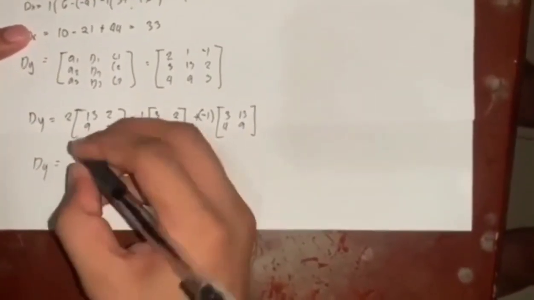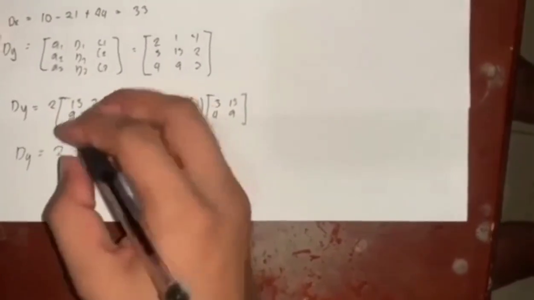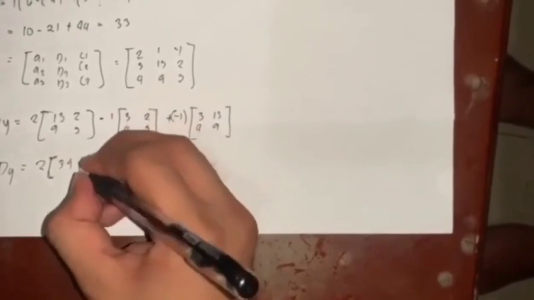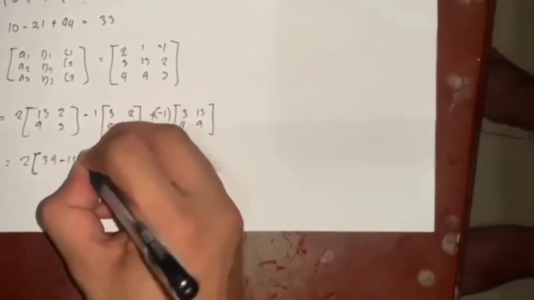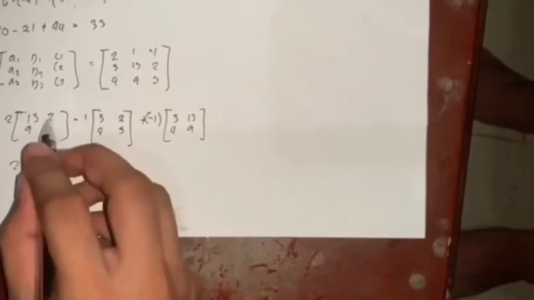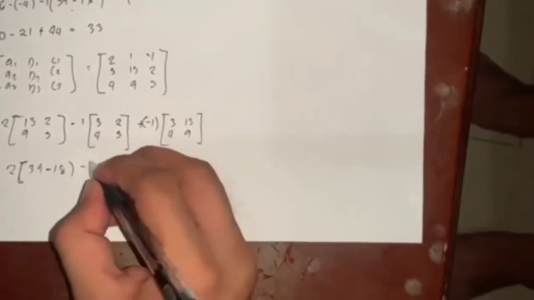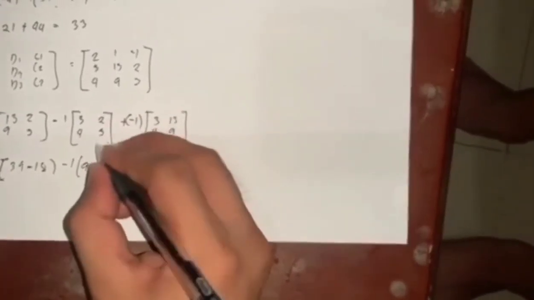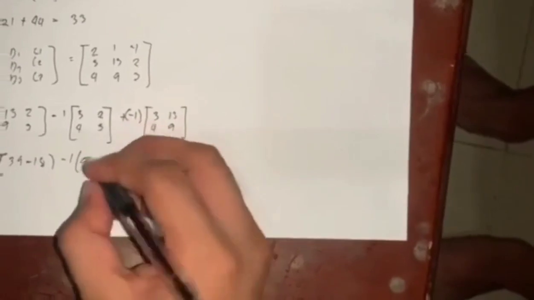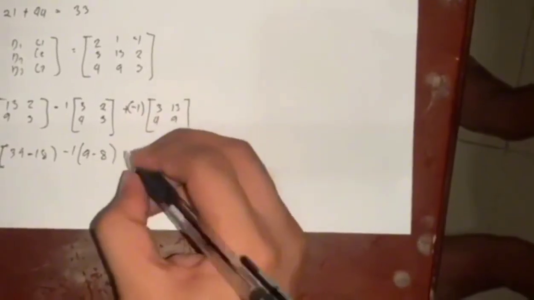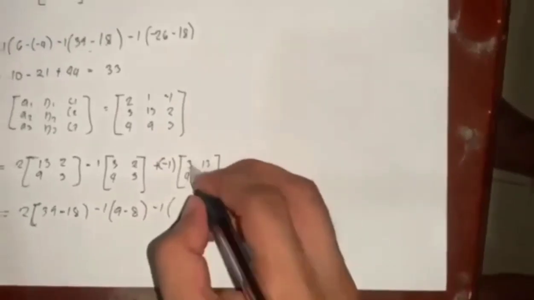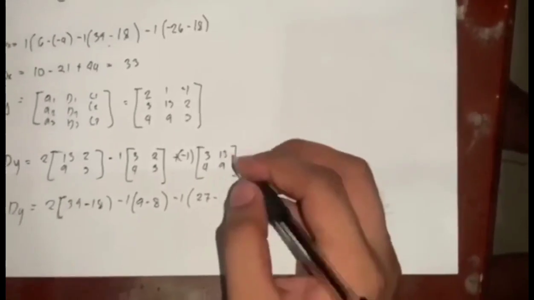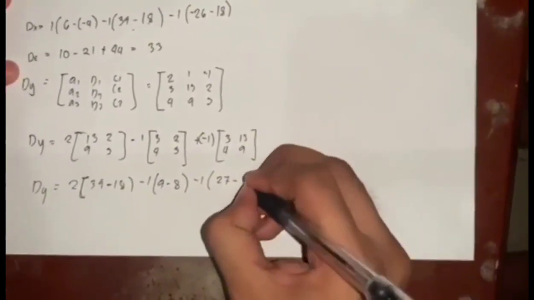dy is equal to 2 times 39 minus 18. 13 times 3 is 39, 2 times 9 is 18, minus 1 times 3 times 3, 9, minus 2 times 4 equals 8, minus 1 times 3 times 9 is equal to 27, minus 4 times 13, which is 52.